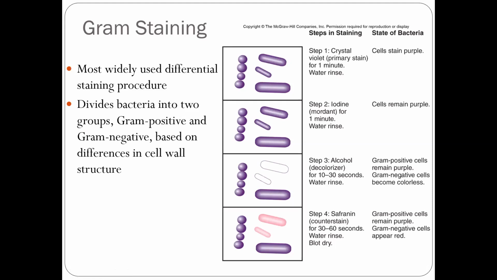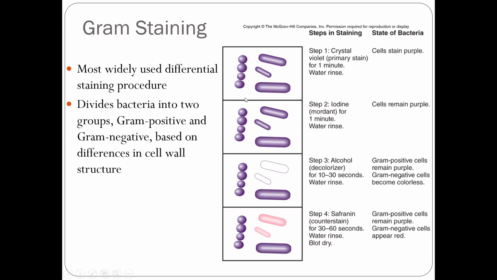4 steps: crystal violet, followed by gram iodine, to make crystal violet stain stronger, then with the decolorization, we use alcohol, and finally counterstain with the safranin. So gram-positive bacteria stay purple or blue, and the gram-negative bacteria stain pink or red.